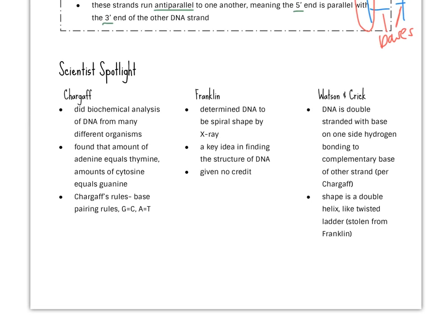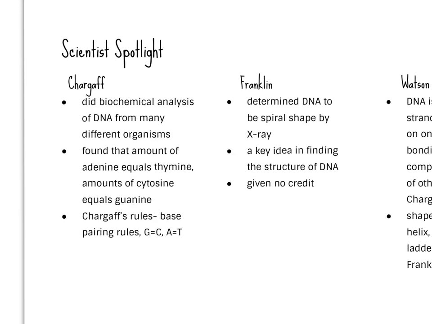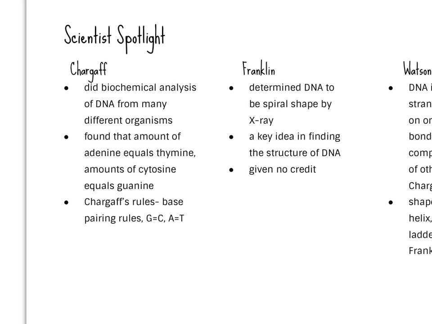So the first one that we're going to talk about is Chargaff. This man did a biochemical analysis of DNA from many different organisms. He took the DNA from as many organisms as he could get his hands on, and he analyzed them and looked at the chemistry that makes them up, and he realized that very similar things were happening in all of the organisms.